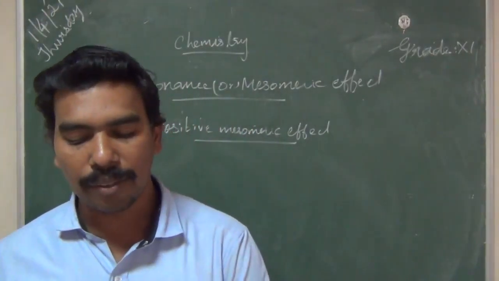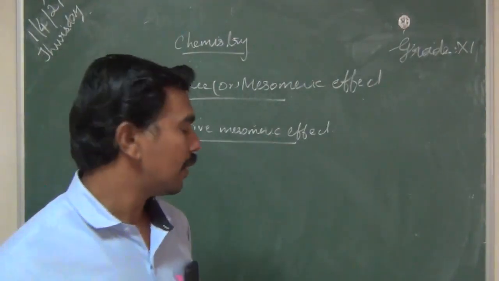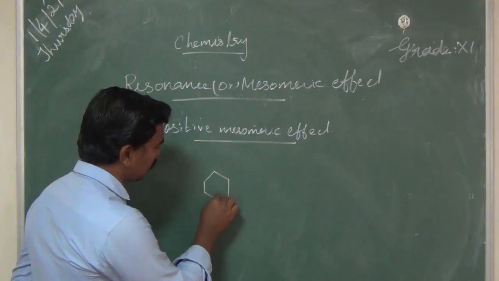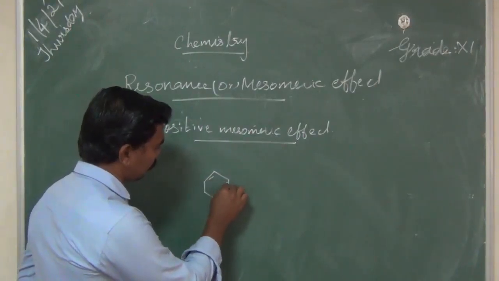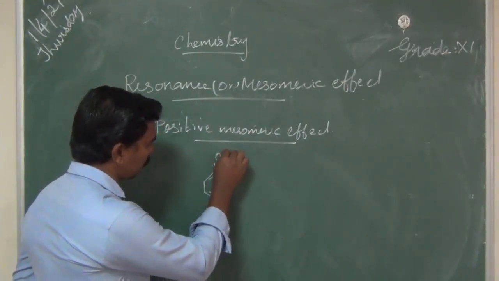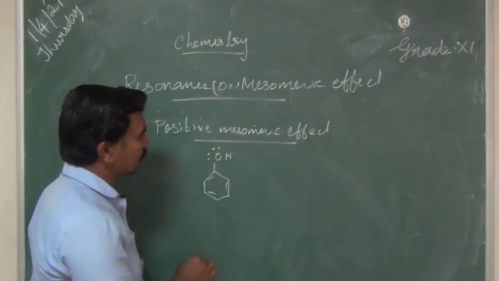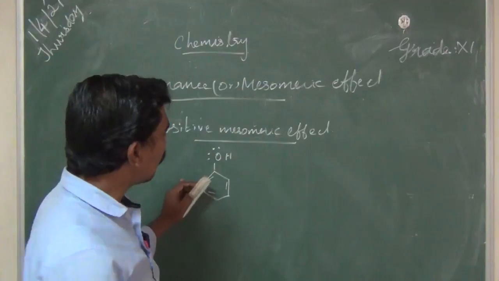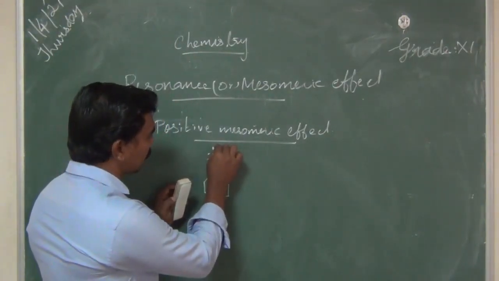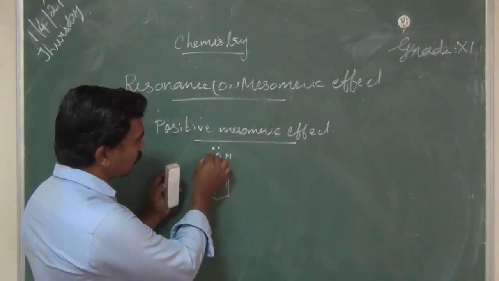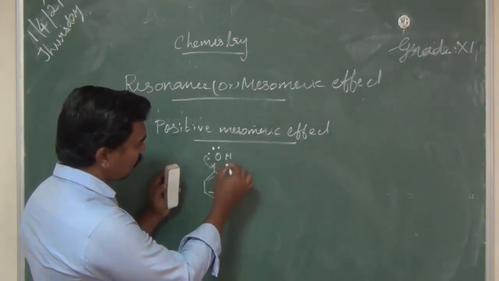Now I am giving the example of phenol. This is the structure of phenol. Here two lone pairs of electrons are present. First, this lone pair of electrons is delocalized.